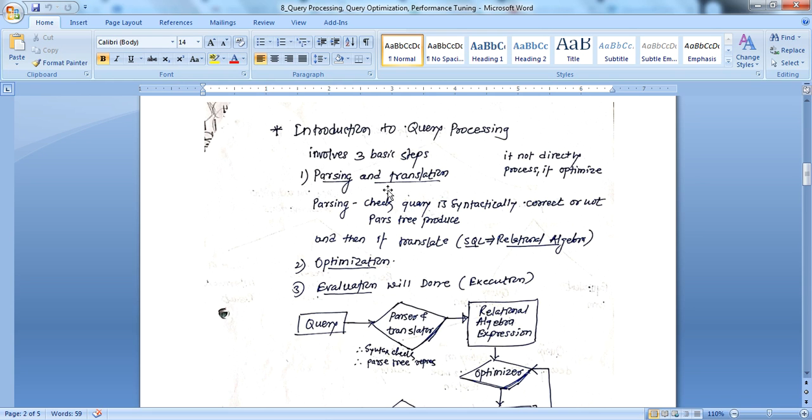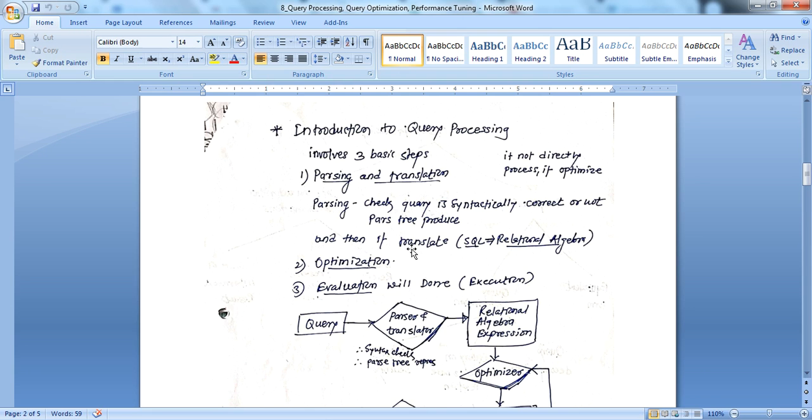That one is parsing and translation. What is parsing? It checks whether the query is syntactically correct or not, and produces the parse tree. That is simply the first step.